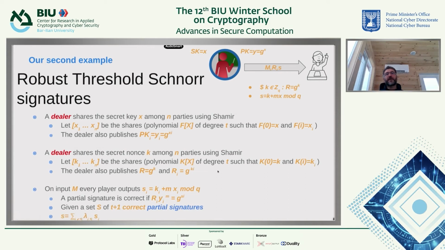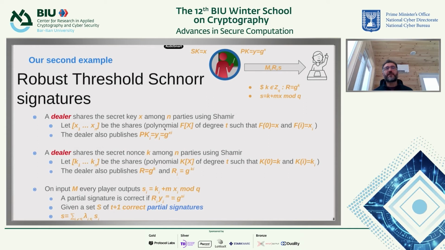So these public values will allow you to do basically a n of t plus 1 Schnorr verifications on the partial signatures, which would then allow you to sieve out bad partial signatures and interpolate.